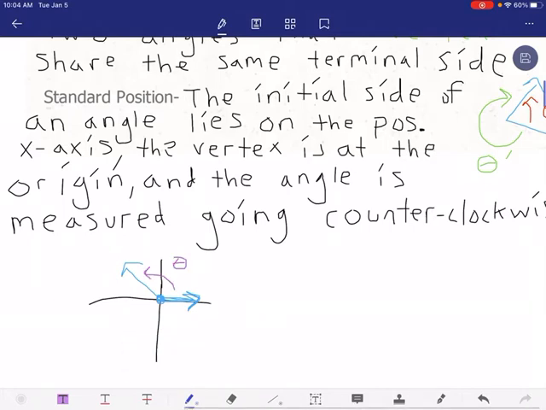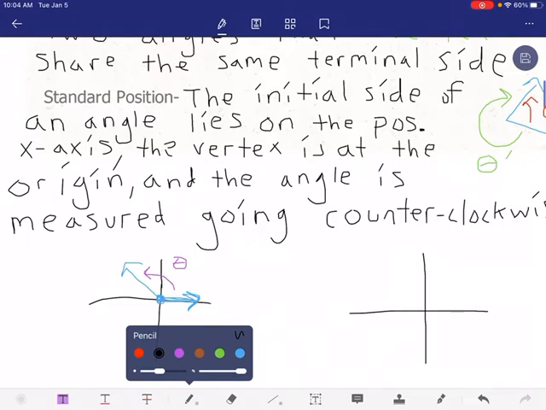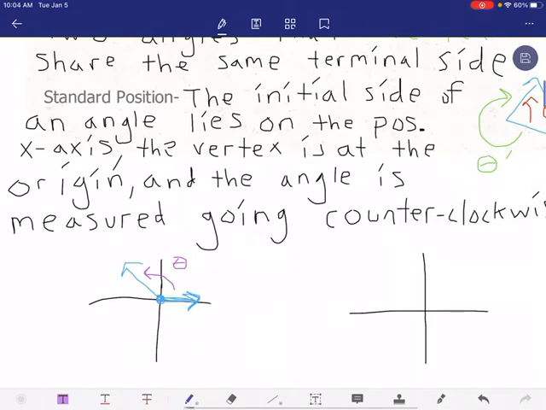Also, just a good reminder, whenever we're talking about angles, for this one, I would say that my terminal side is in my second quadrant. So remember that our upper right-hand corner is going to be our first quadrant, and then we go counterclockwise.